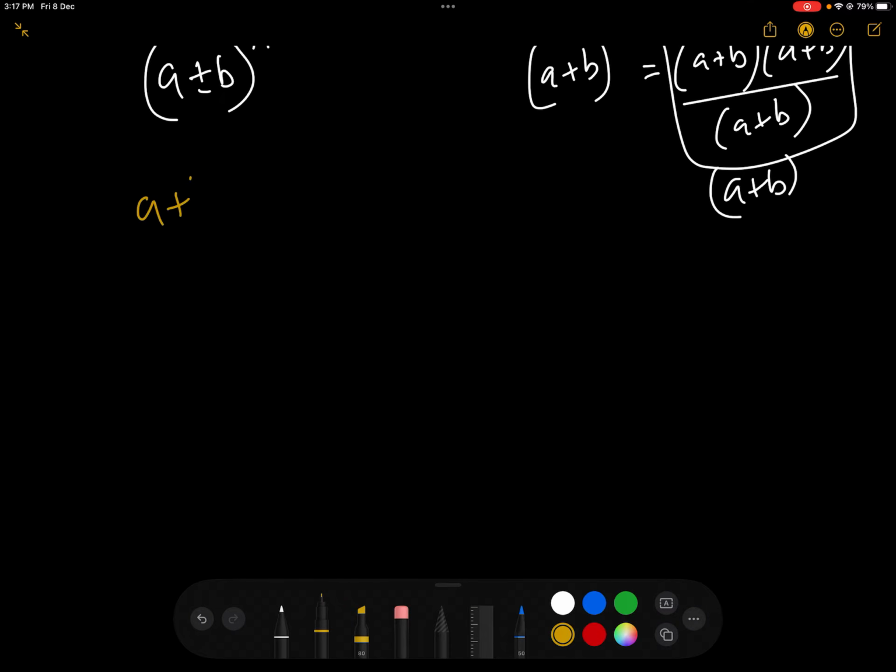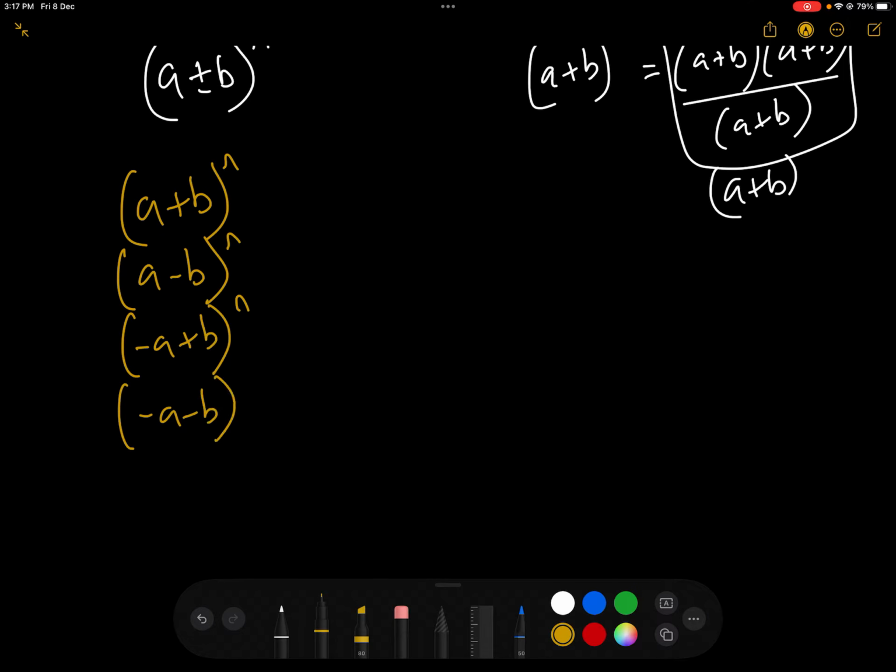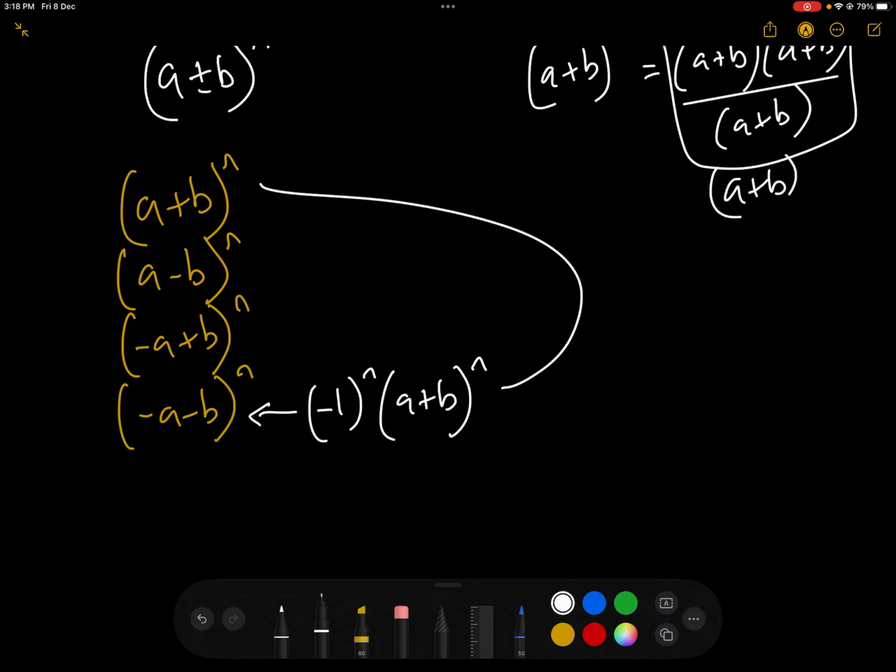In theory, you might think there are 4 possibilities: a plus b to the n, a minus b to the n, minus a plus b to the n, and minus a minus b to the n. But in actual fact, these are all one and a bit methods. For minus a minus b to the n, we can take minus 1 to the power of n out, leaving a plus b to the n, which is exactly the same method.